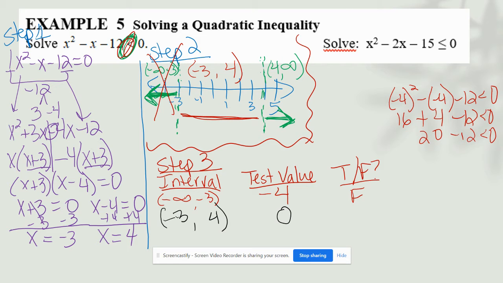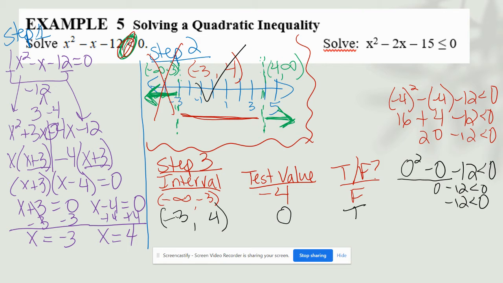That makes it super easy because when we plug that into our equation, we have 0 squared minus 0 minus 12. Well, 0 minus 0 is 0, and 0 minus 12 is -12. Is -12 less than 0? That's true. So we can have the middle part.